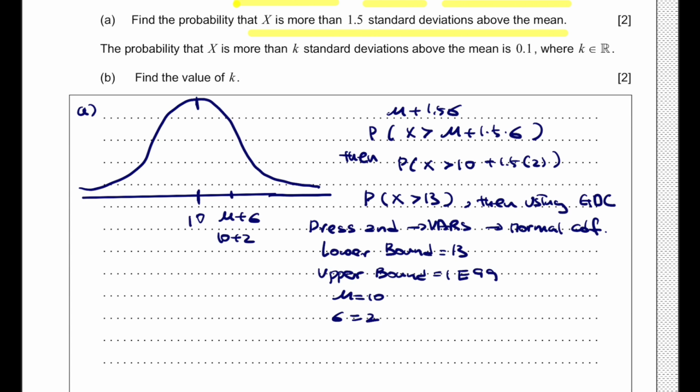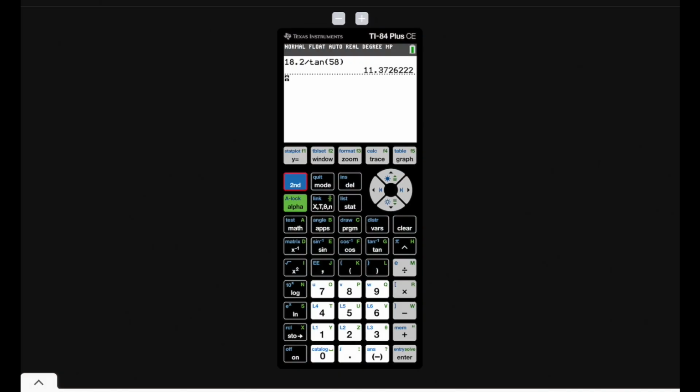Okay, let's put this on the GDC. So I'm going to do second bars, and I'm going to select number 2, and I'm going to set my lower boundary as 13 and upper boundary as 1 to the power of 99, and I'm going to set my mean as 10 and standard deviation as 2 and hit enter and enter.